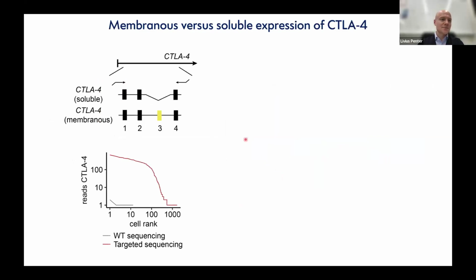What about CTLA-4 itself? This is also an interesting transcript. CTLA-4 comes in 2 flavors: you have soluble and membranous CTLA-4, defined by the differential expression of exon 3. Again, if you do targeted sequencing with NanoRanger, you can dramatically increase the number of cells where you have information on the expression.